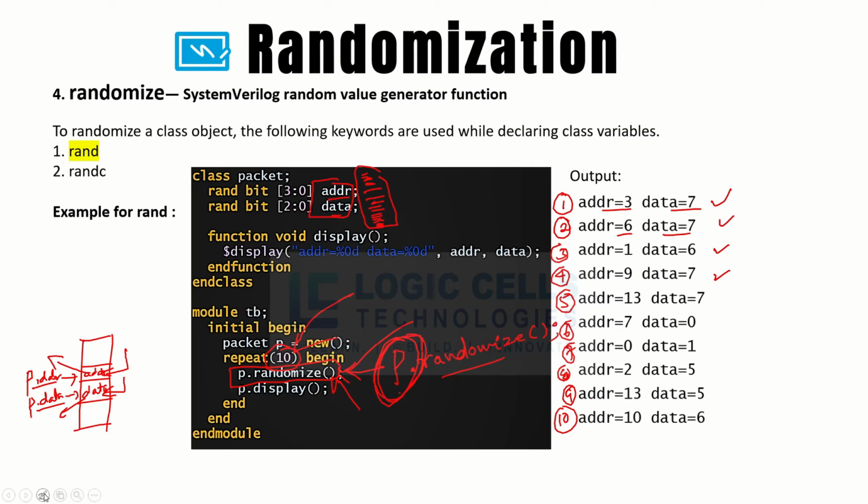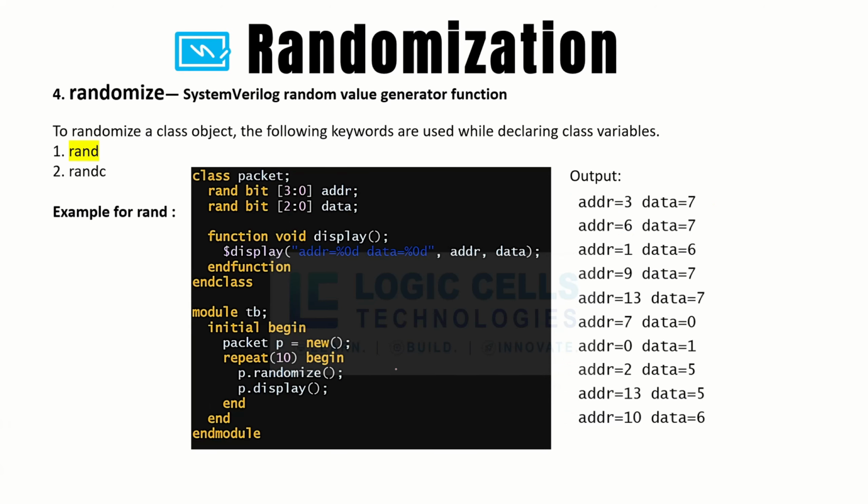This is the advantage of the randomize function. In your DUT, if you have 50 input signals, they will be declared here once inside a class, let's say packet. If you just say p dot randomize, you will see all 50 values generated. No need to write it 50 times, correct? This is the advantage of a class-based test bench.